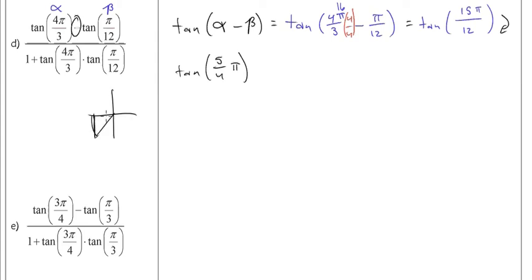That's going to be pi over 4 as our reference angle, meaning our cosine and our sine are equivalent values, and they're both negative. So this is equal to positive 1. There's your answer, positive 1. Next one, so pause, try it, come on back.